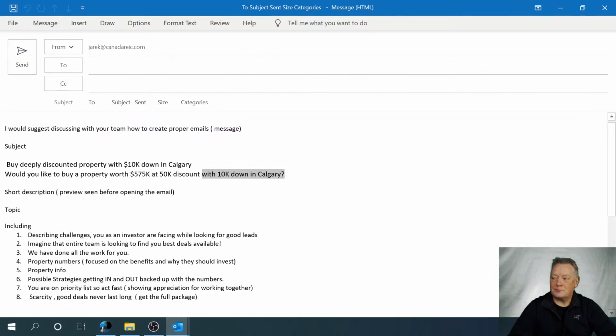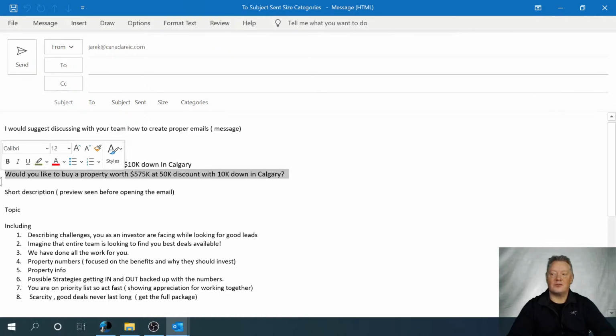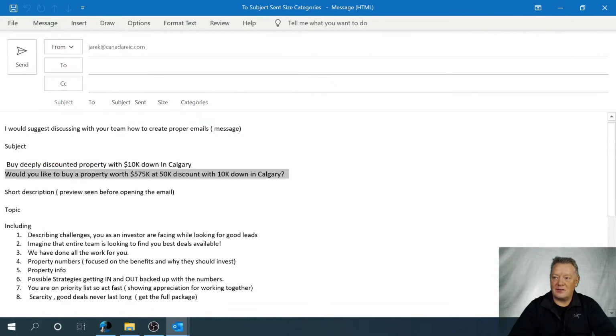So that one, okay, I would really suggest, when you are opening the email, and more likely that's happening on your mobile phone, Android or iPhone or any other phone, you see the subject, maybe the sender, and there is a short description, right? So I would definitely use the second part as a short description, and I would use "buy deeply discounted property with 10K down in Calgary" as the subject of the conversation, right?